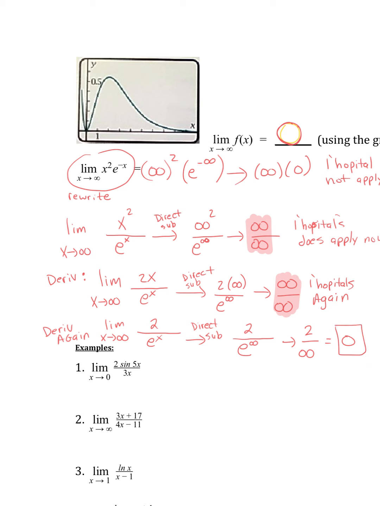And that's exactly what I got up here when I looked at the graph. So this is an example of a problem where you have to apply L'Hopital's rule twice to get the solution. All right, I want you to try examples 1 through 4 on this note sheet and then check back and we will go through them.